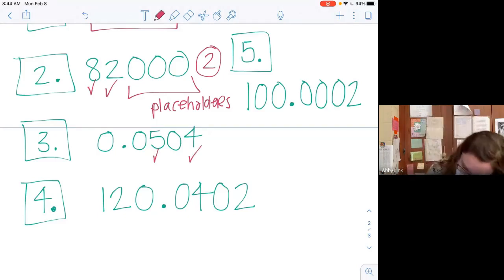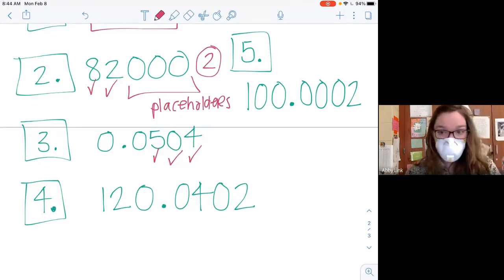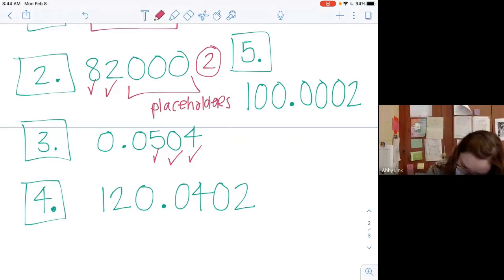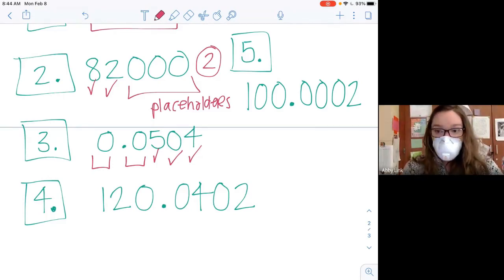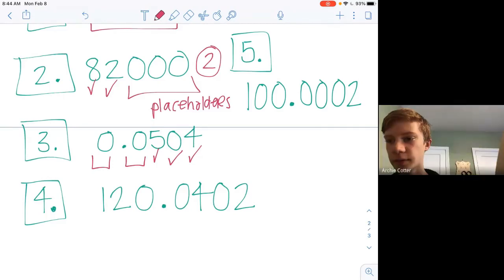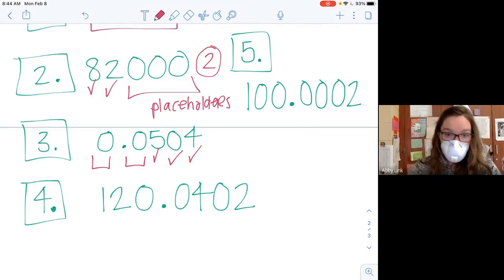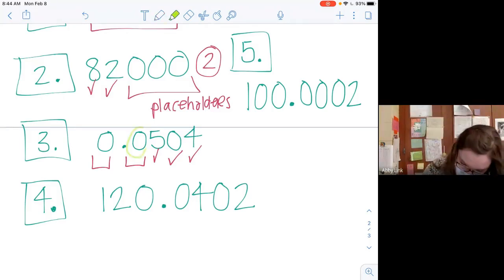I'm liking that this 0 is sandwiched here. So that's definitely significant. What can you tell me about this 0 and perhaps this 0? The other 0 is to the right of the decimal point. Okay, so this 0 here is to the right of a decimal point.